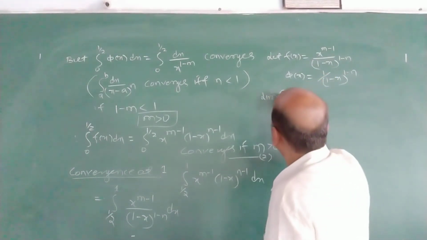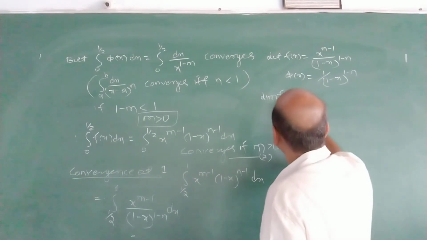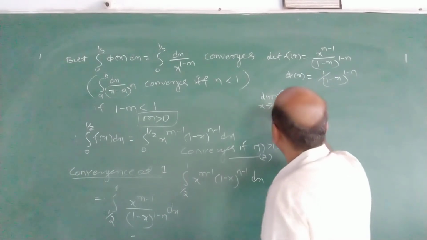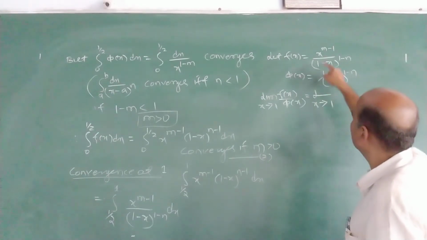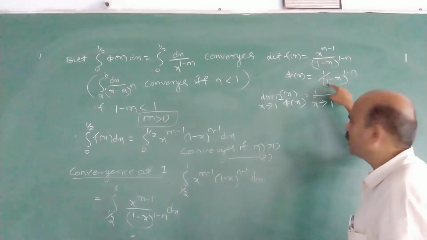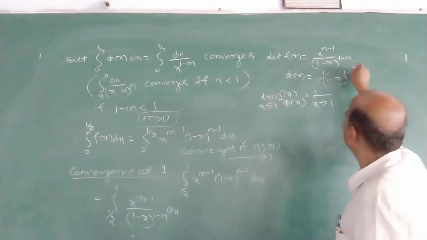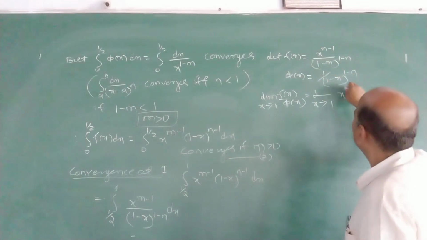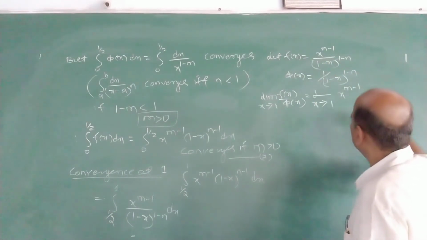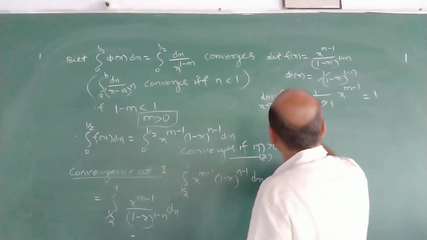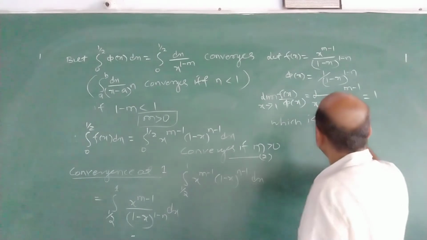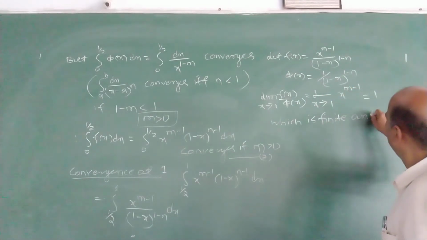Then the limit of f(x) by phi(x) as x tends to 1: take f(x) by phi(x), this cancels, and you will get x^(m-1). What is this? 1, because x tends to 1. Now it is finite and not 0.